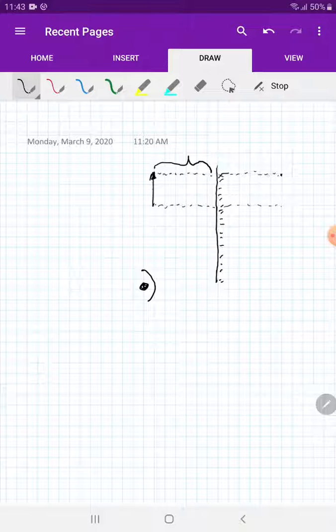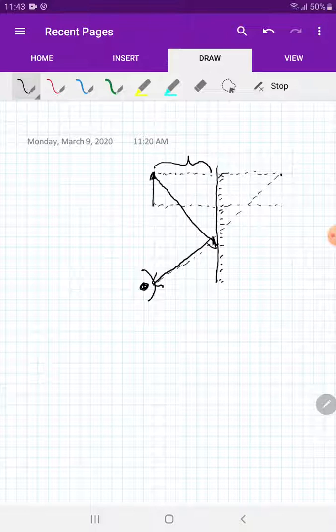Now let's say we have here our eye. So how do we see the image? Well, we draw a line towards the eye. So that is the ray that is coming out from the top. So that means the ray that is coming in is like this, hitting the mirror.